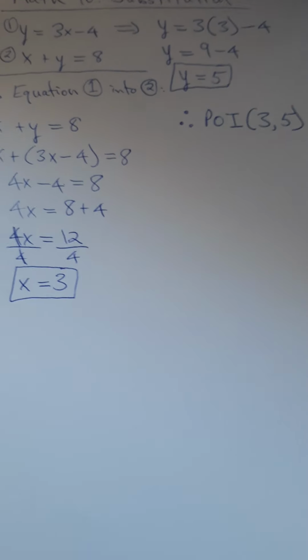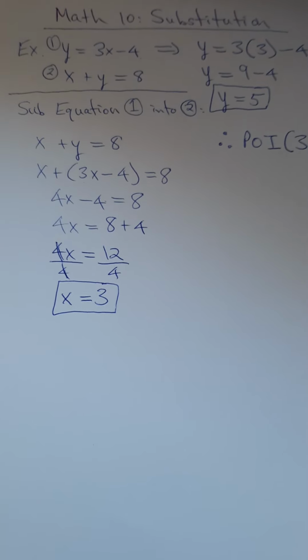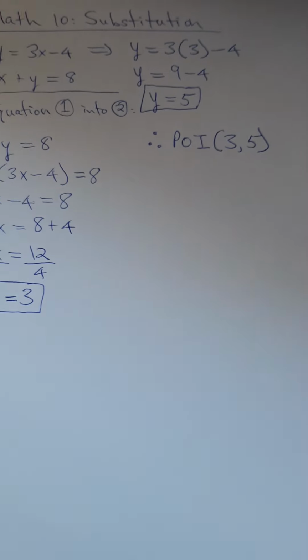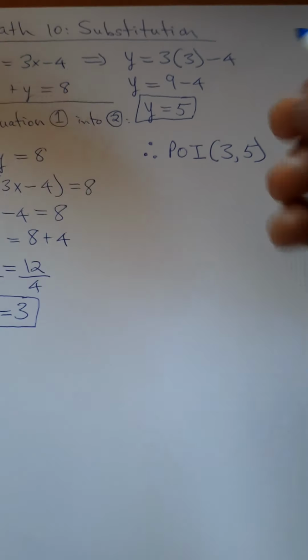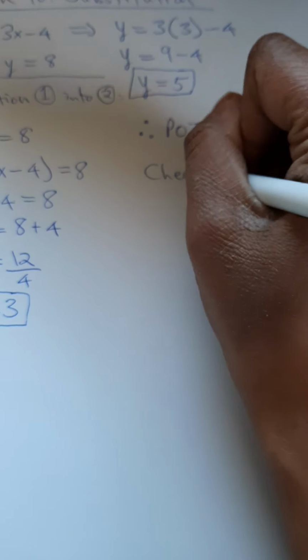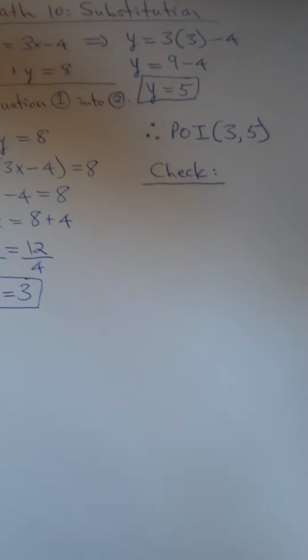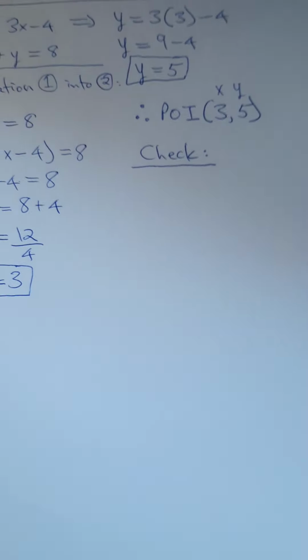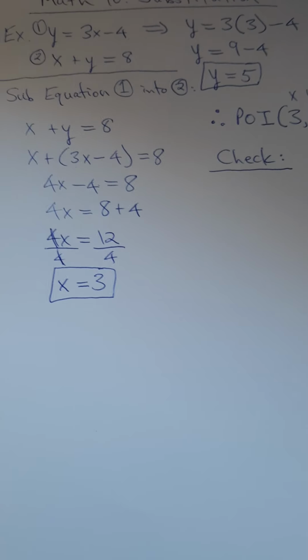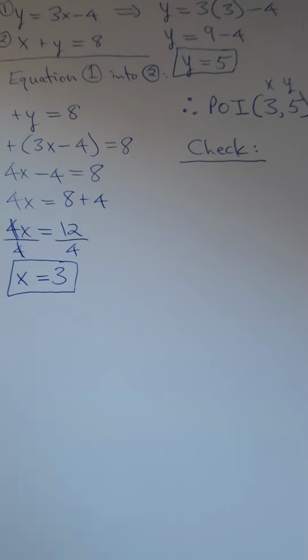Because this is a system of equations, just to see if you have the right answer, I want to make sure I do a quick check here. So let's put check. This is my point of intersection with x and y. I'm going to substitute it into both of my equations. So let's start off with equation 1.